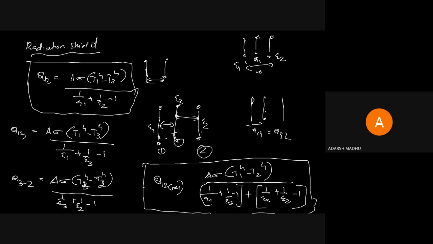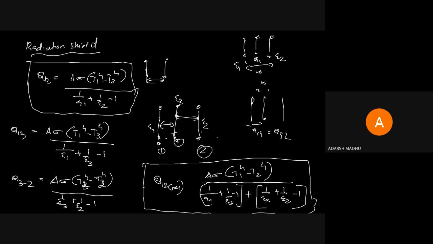If the radiation shield is in the middle, the heat transfer through each half is the total divided by 2. Therefore, if the total is 15, each half is 7.5. So if a radiation shield occurs in the middle of the parallel planes, Q13 equals Q32. Okay, so if there is a radiation shield, we write the Q12 net.